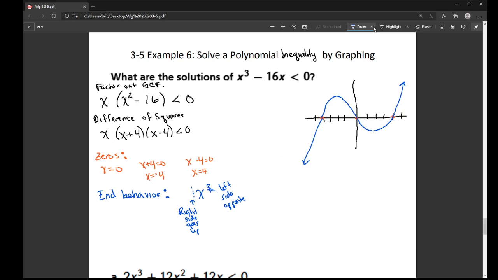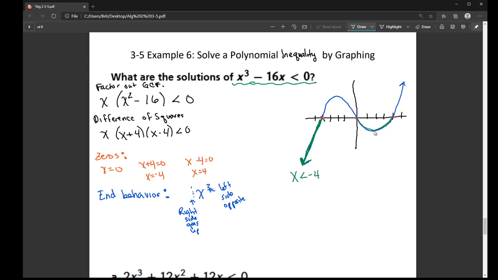So now we're going to deal with the inequality portion of it. So what are the solutions where it's less than 0? So we're looking for all the values on the x-axis where the polynomial goes underneath 0. So my solutions are going to be this green part here, which is where x is less than negative 4.